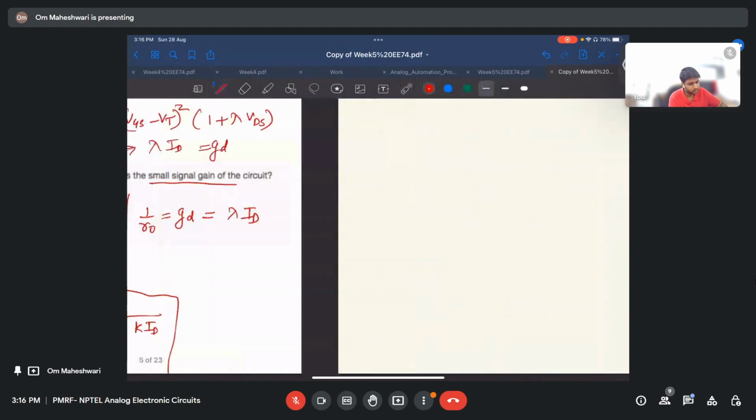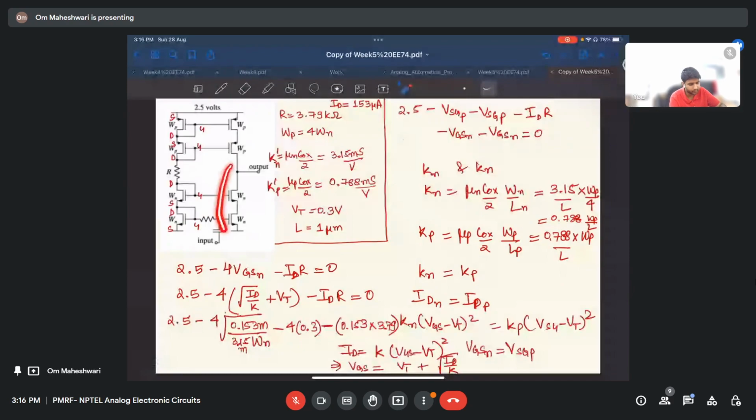Let me see the circuit again. So here in this circuit, this is my circuit, right? Here I have the output. I'll first draw this part of the circuit and try to find the output impedance seen from this part of the circuit. Let me copy this diagram.